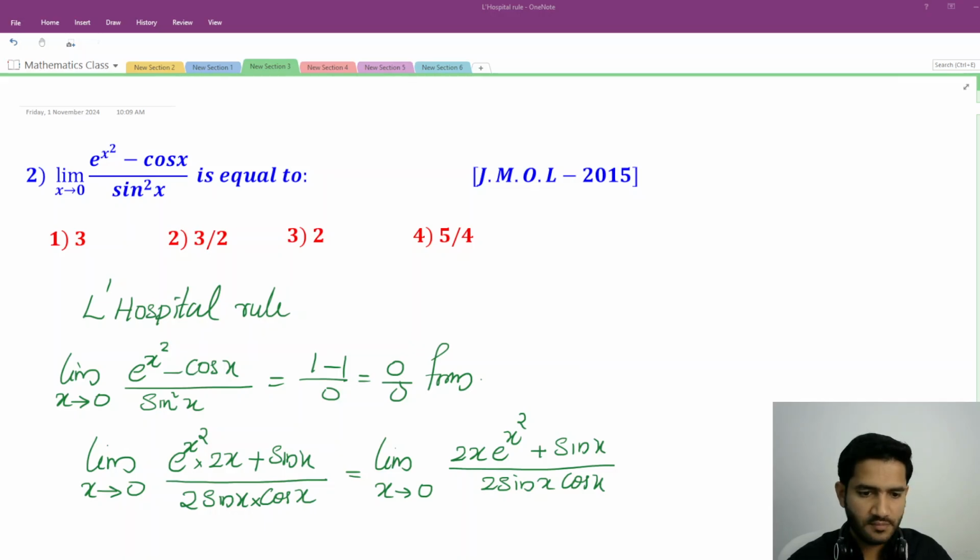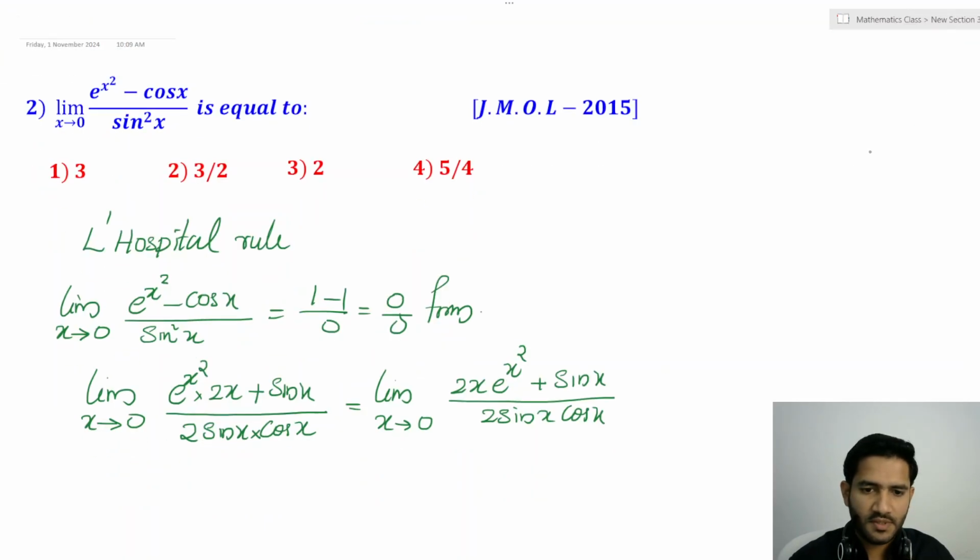Now we want to find the limit. Again we can use the algebra of limits, which says that we can multiply or add the limits separately. So I'm just separating the functions.